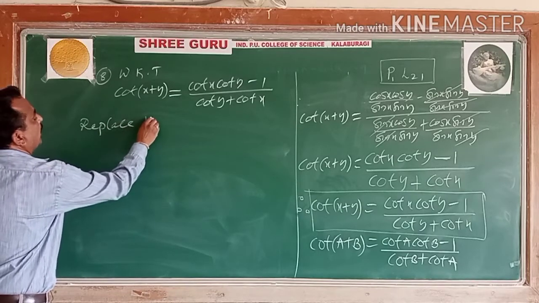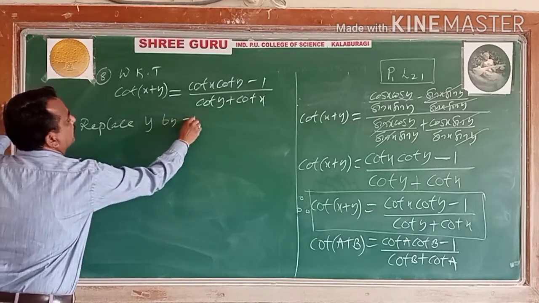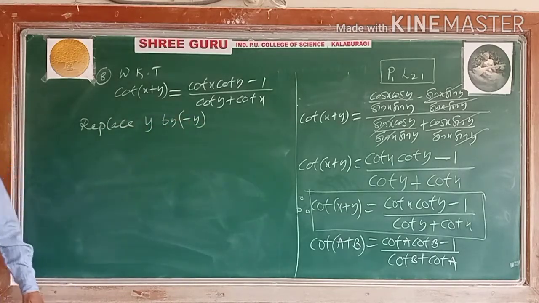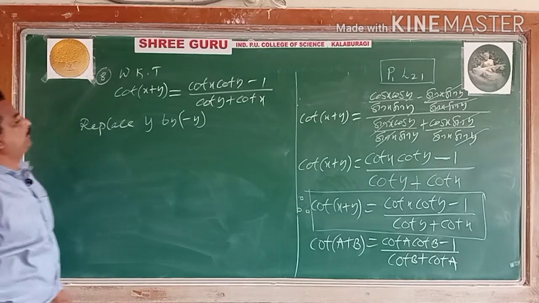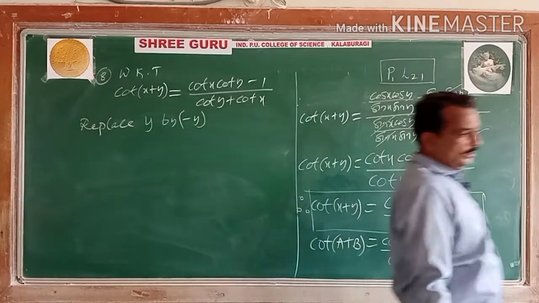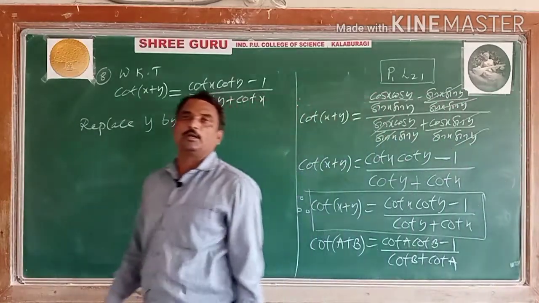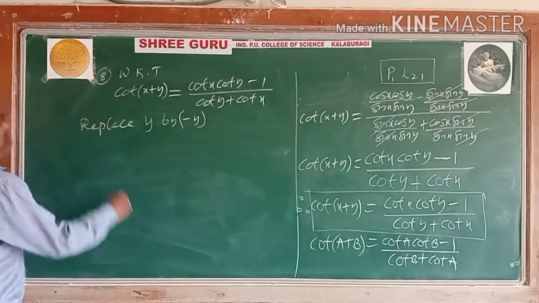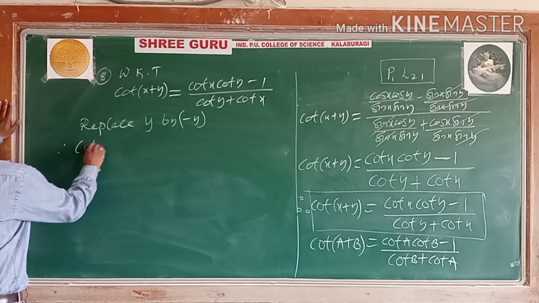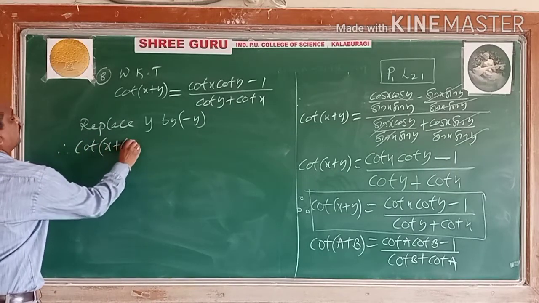Replace y by minus y. Replacing y by minus y, using this formula we will reduce to the difference formula, cot of x minus y formula. So therefore, wherever y is there, you take minus y.